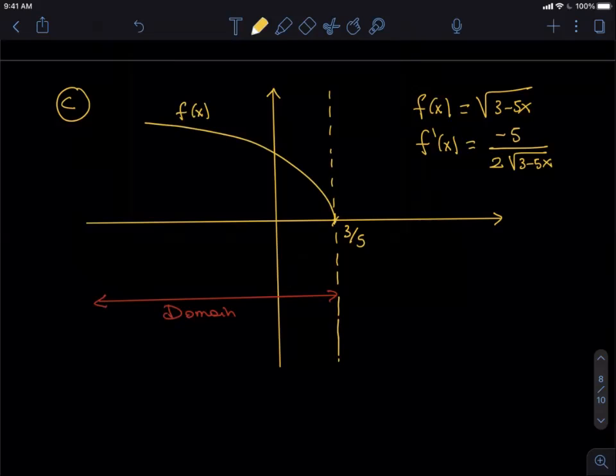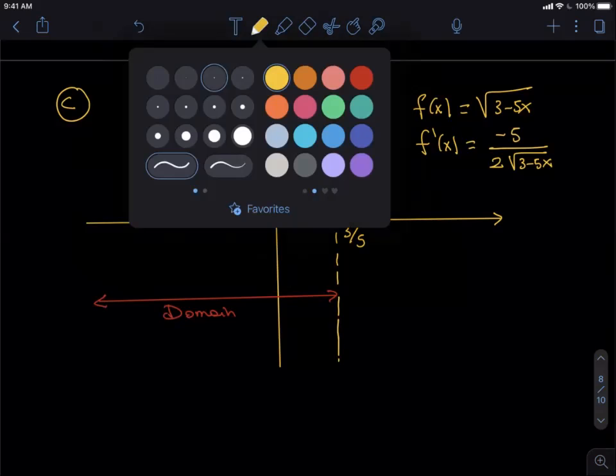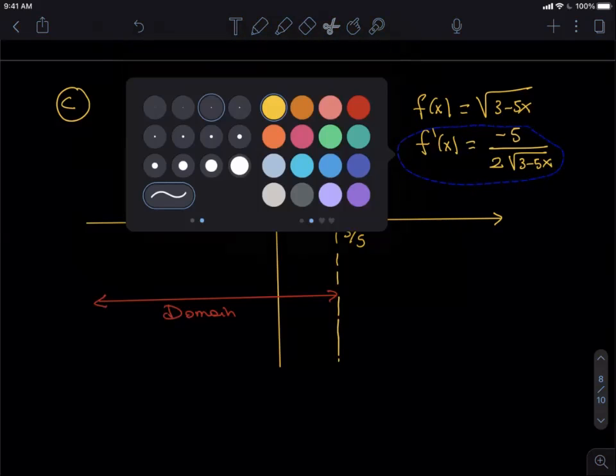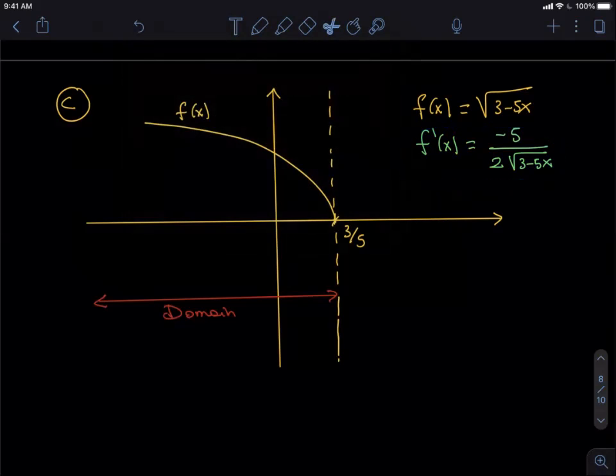And then for the derivative, let's use a different color coding here. For the derivative, we need to realize that near 3/5 it is going to become negative infinity. So it will go like this. But then when I take the limit of -5 divided by 2 square root of 3 minus 5x as x tends to negative infinity, what is going to happen?